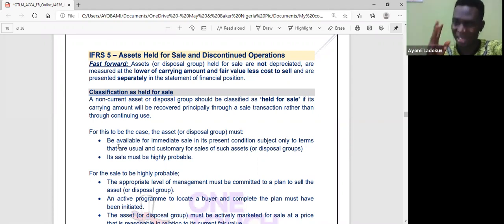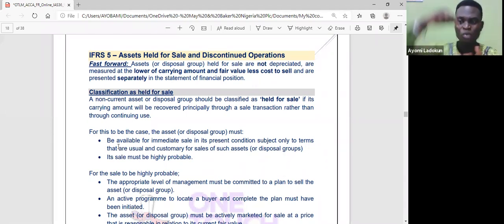Whenever an asset is classified as held for sale, 3 things will happen. Number 1, they are presented separately on the face of the statement of financial position. What does that mean?